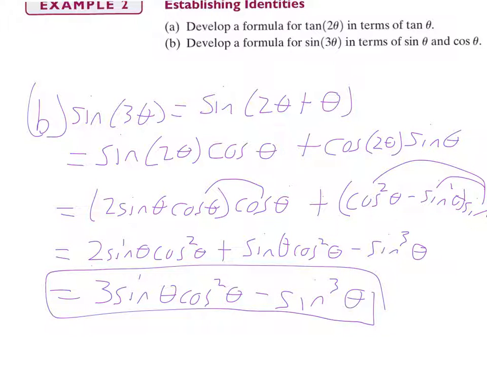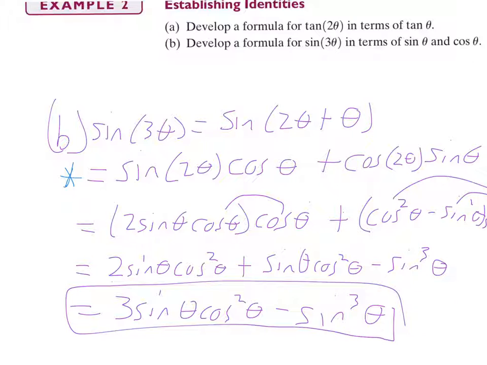Now, let's go back to the formula we have up here. Now remember, there were 3 different formulas for cosine of 2 theta. Depending on which of those formulas you use, you'll get a different answer.